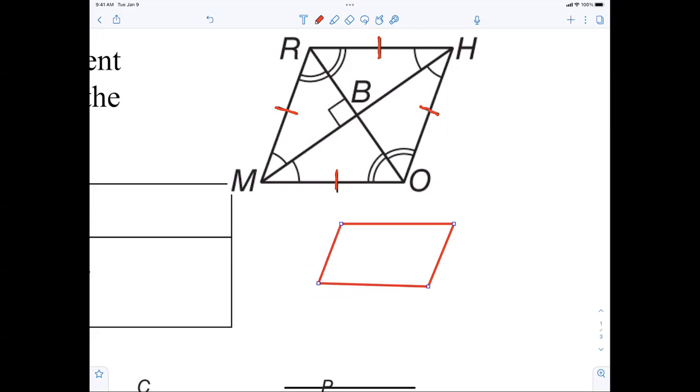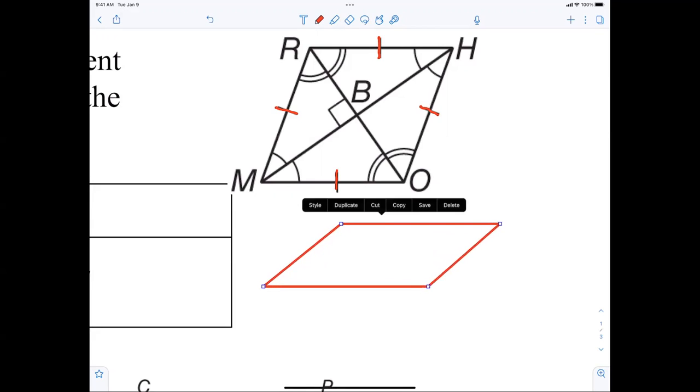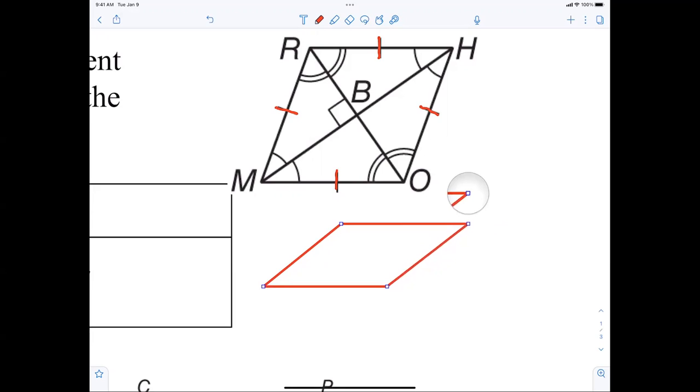try to draw something that will help you understand what I'm talking about. If I ever had trouble, I would try to make a rhombus. That kind of looks like a rhombus, would you agree?